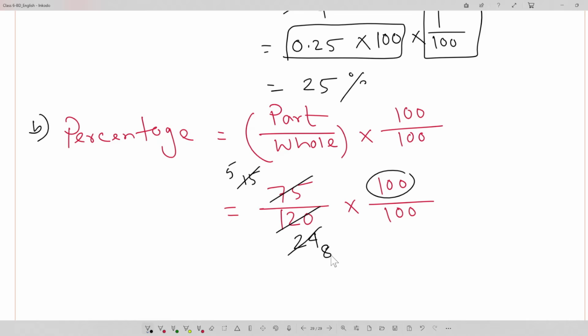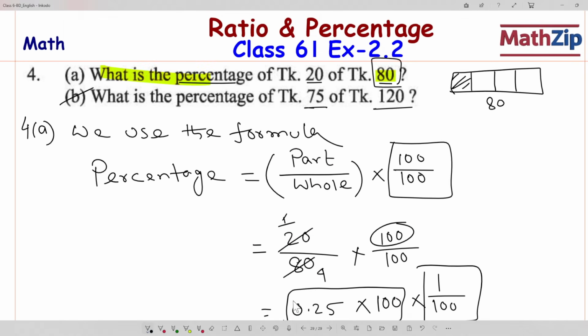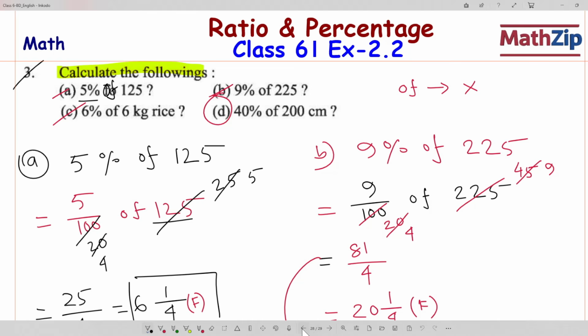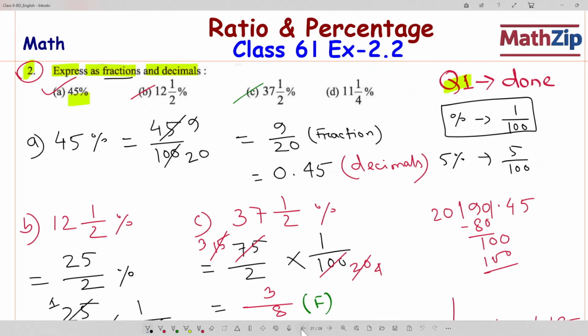How? 8 divided by 4 is 2 and 100 divided by 4 is 25. Now 5 times 25 divided by 2. So what will be the answer? First 25 times 5 is 125, divided by 2 is 62.5. So 62.5, and against this 1 by 100 we can use percentage. So our answer is 62.5%.